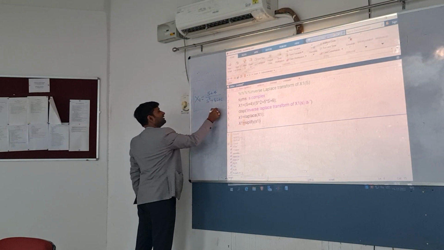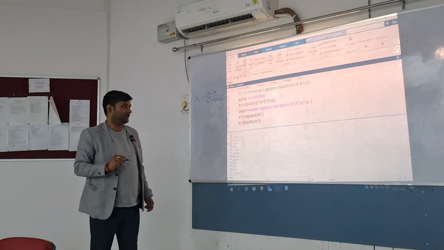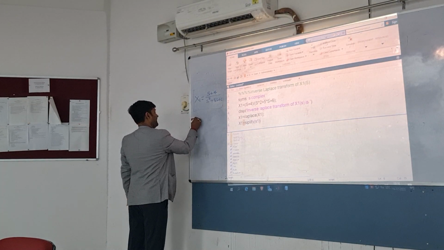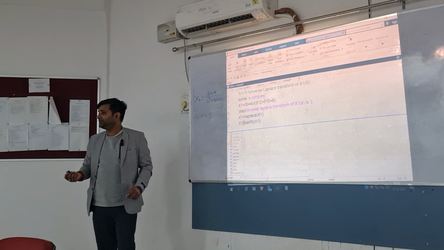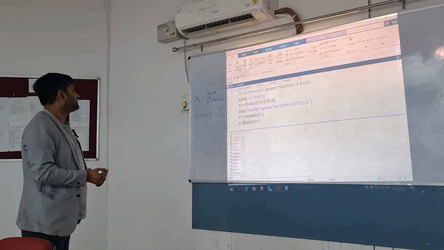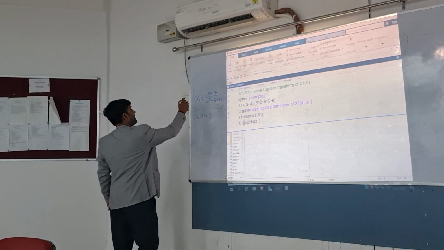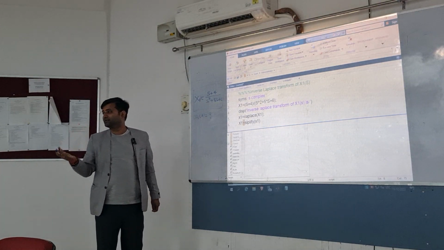This is the given Laplace transform. You have to find the inverse of this, meaning you have to find x1(t). You have to find the inverse Laplace transform of this given signal. This is X1(s), and you find x1(t).